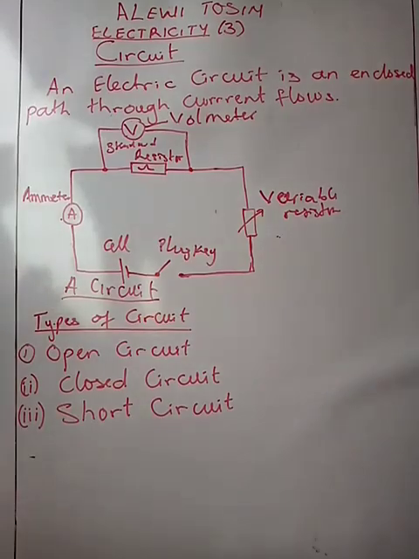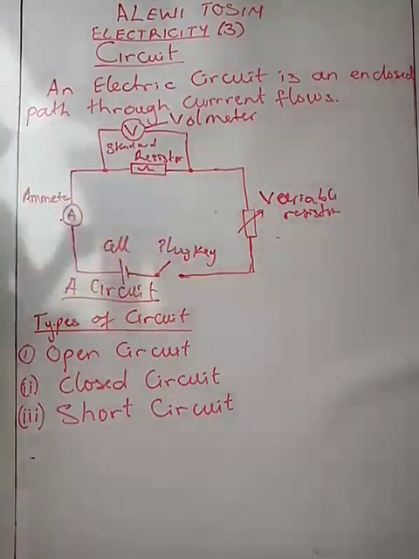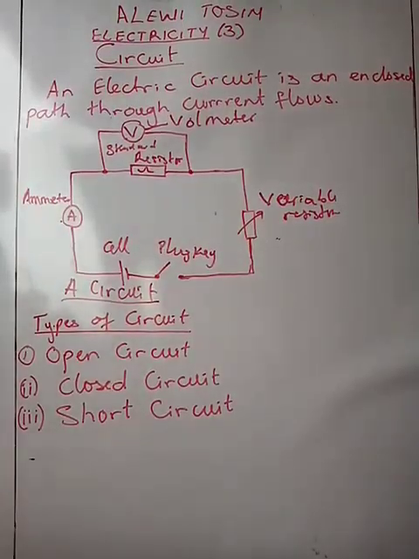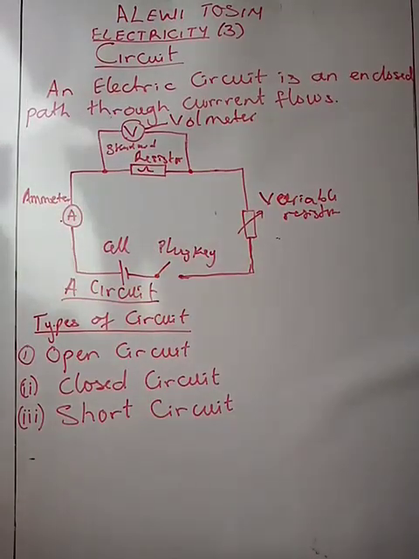When you need 2 ohm resistance, you pick one of it. When you need 4 ohm resistance, you get a standard 4 ohm resistor. But a variable resistor is a resistor that can be varied.